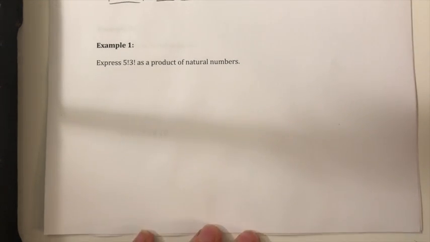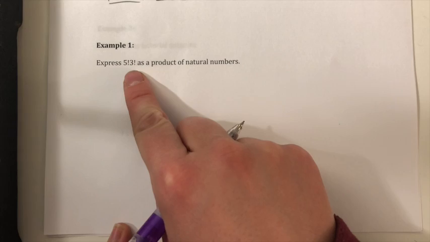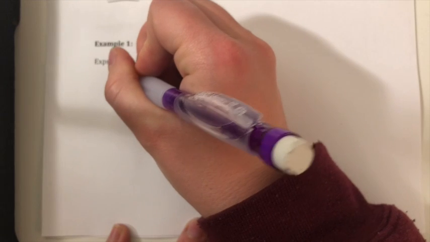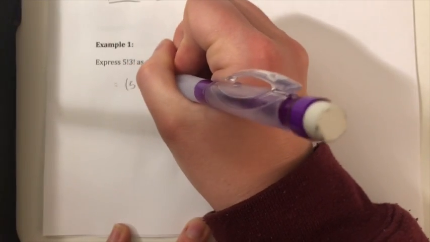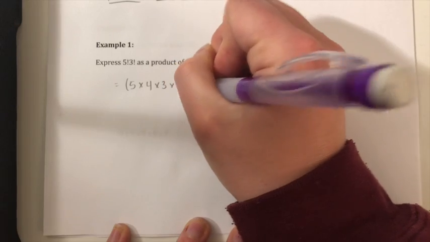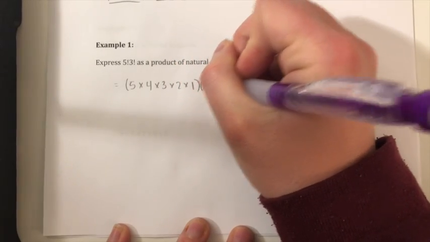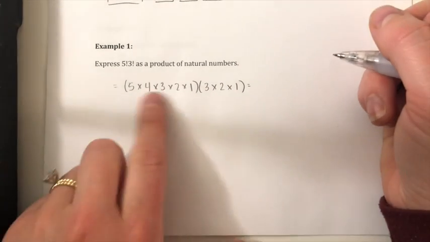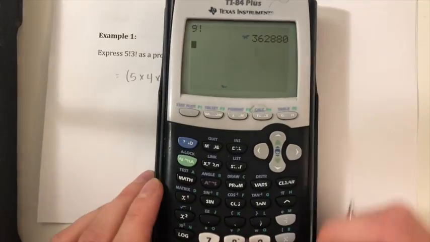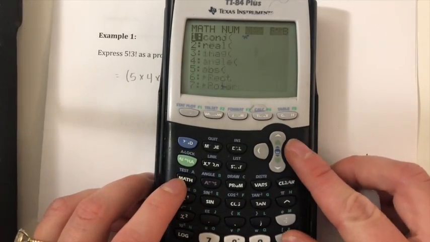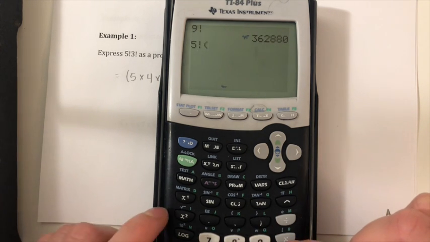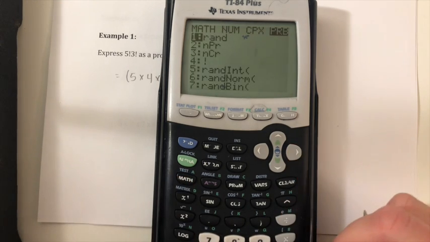Some examples: if we wanted to express 5 factorial times 3 factorial as a product of natural numbers, this is what we could do. 5 factorial is 5 times 4 times 3 times 2 times 1, and 3 factorial is 3 times 2 times 1. We could either punch all of that in like that, or we could go 5, math, scroll over a few times to get that factorial, and then times math, scroll over.